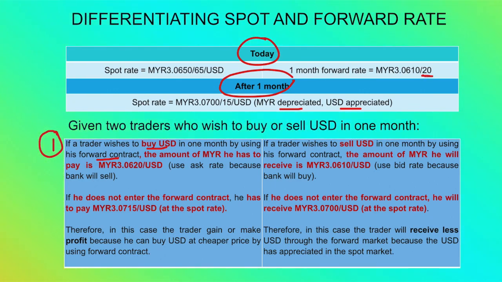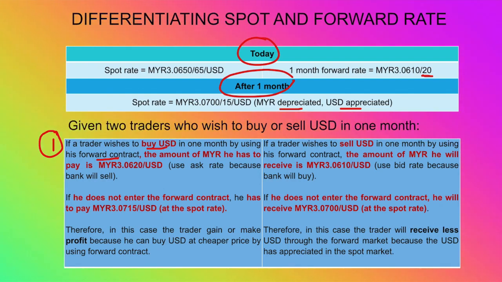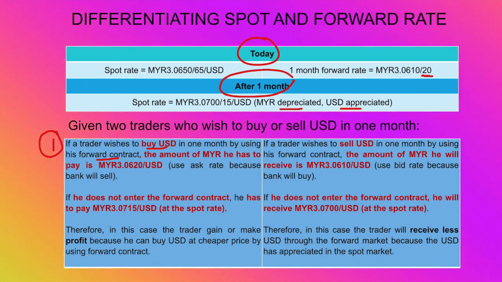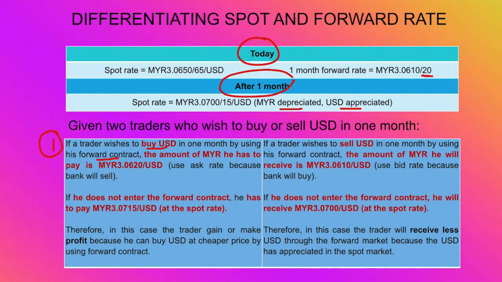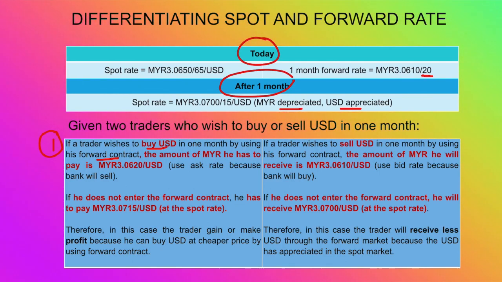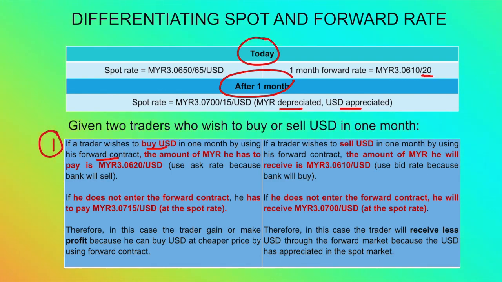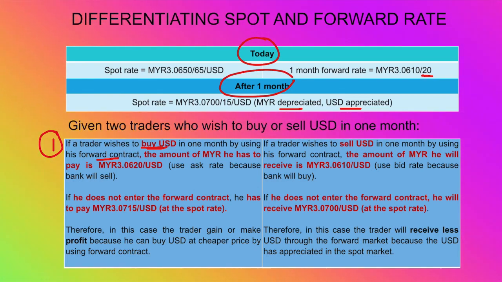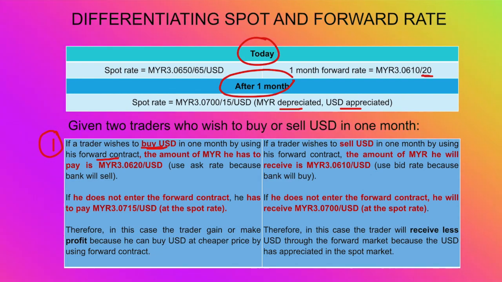A trader wishes to buy US dollar, so you have to use the ask rate, because as I mentioned earlier, the rate that you will use is from the bank's point of view, meaning that if the trader wishes to buy, the bank will sell, so they will use the ask rate.